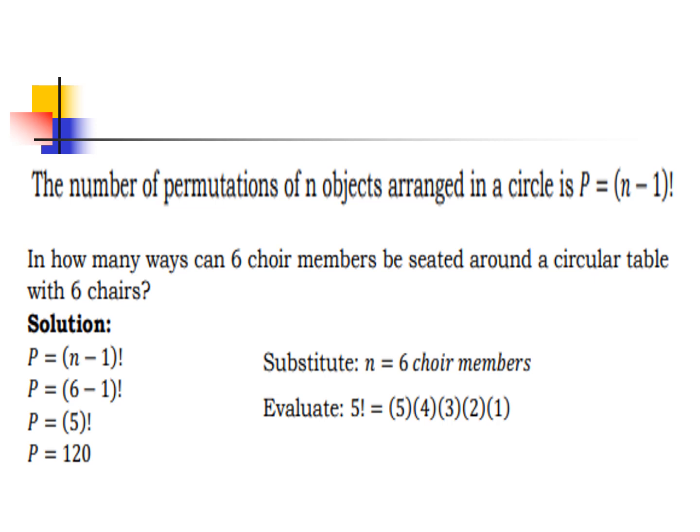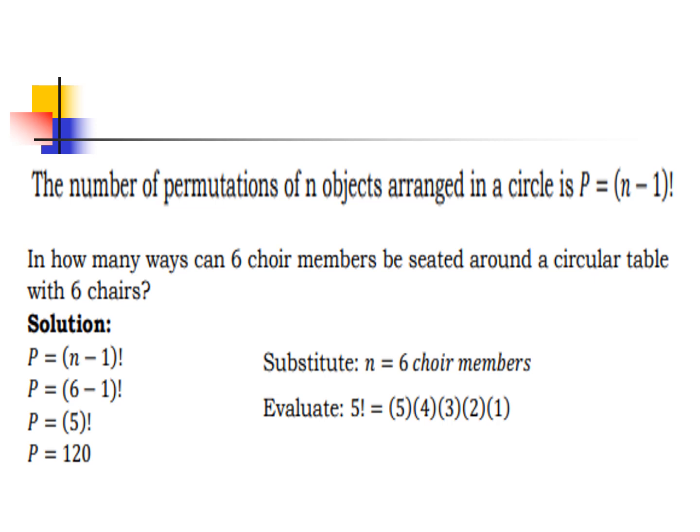So for example, in how many ways can 6 choir members be seated around a circular table with 6 chairs? So obviously our n is equal to 6. So we have to substitute it in the formula. We have 6 minus 1. So the permutation is equal to 5 factorial, in which we will get 120.